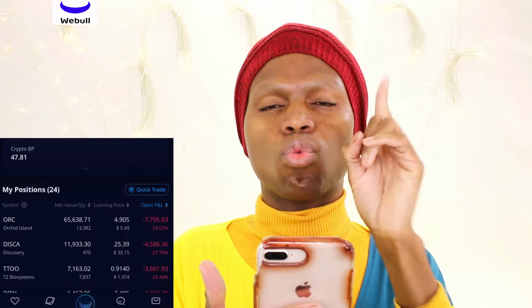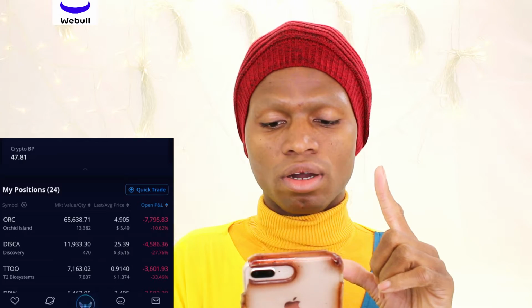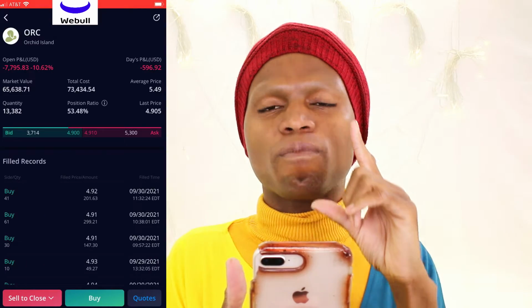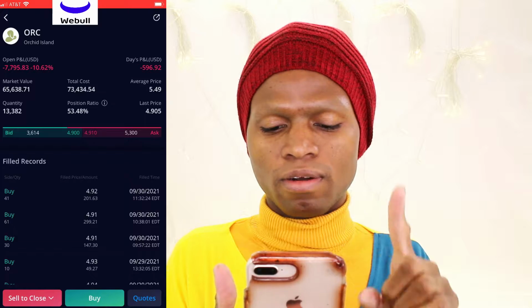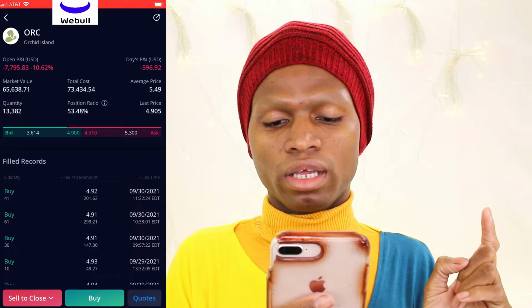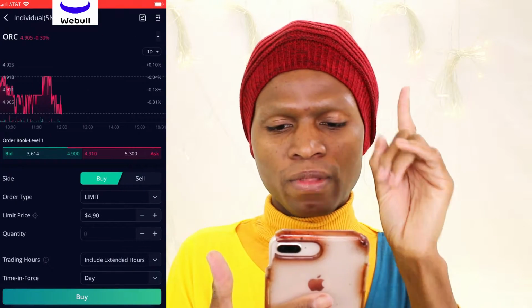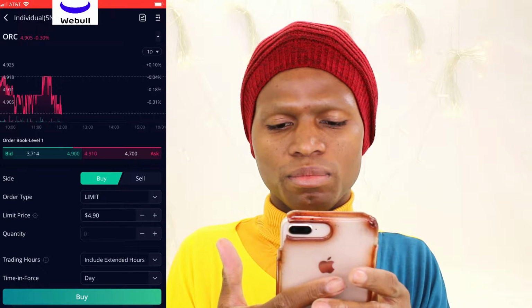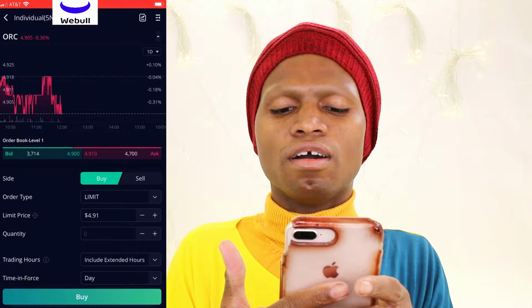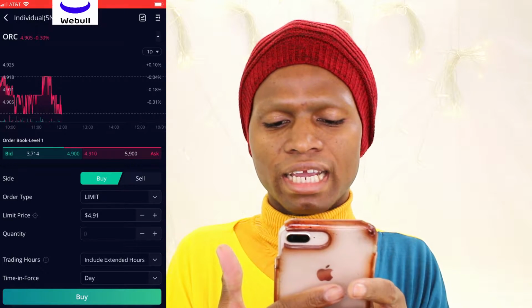Now let's do 1 more of that stock, and this time I'll be doing 4.910 for 1 share, okay? So limit buy, okay? I'll do a limit buy of this, 4.191, okay?